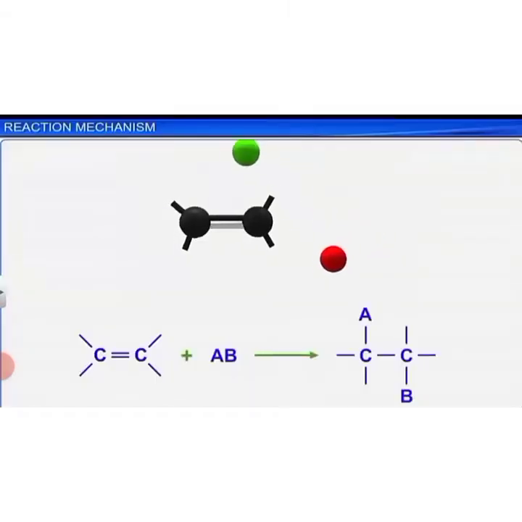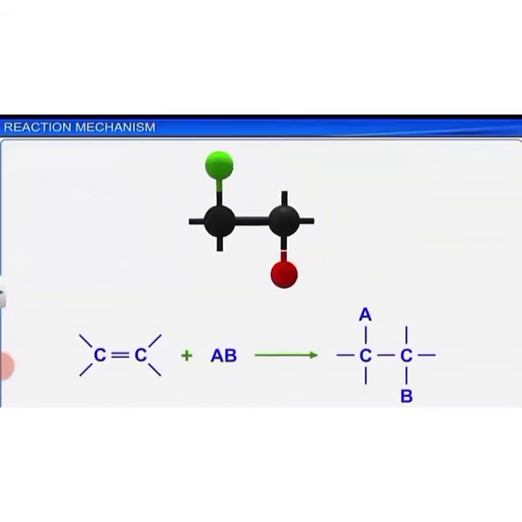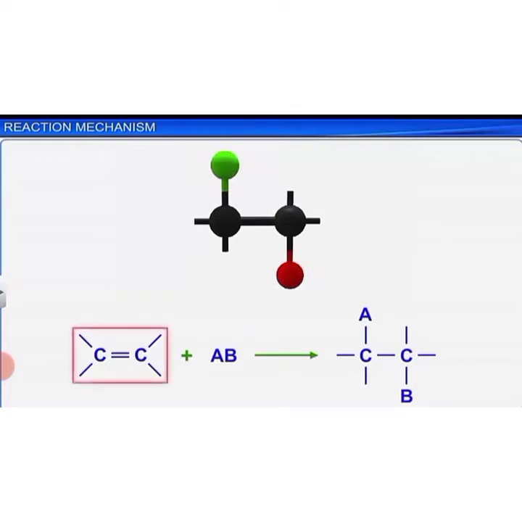When reactants react to form a new compound, the reactant that supplies the carbon atom for the formation of a new bond, or the reactant on which the focus is, is called the substrate, whereas the other reactant in the reaction is called the reagent.